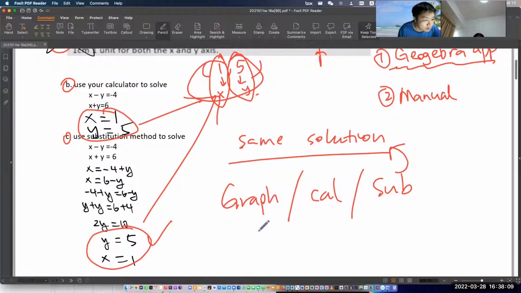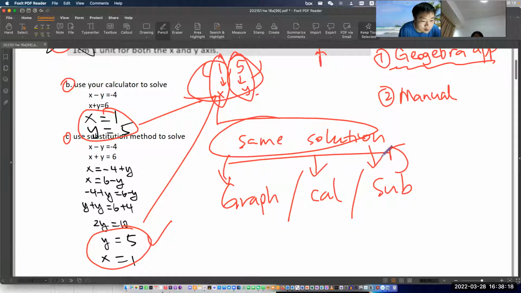So the conclusion from this question 1 is same solution, whether you use the graph method or calculator and substitution. I hope you realize that. You realize that? Yes or no?